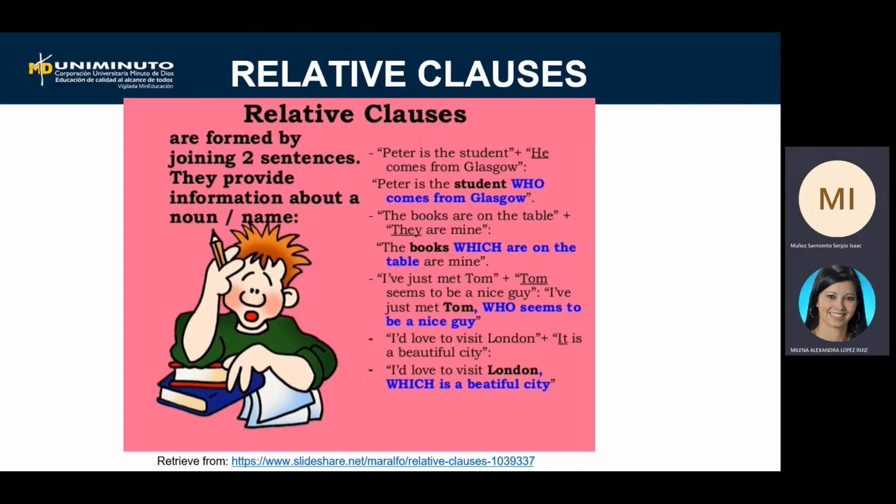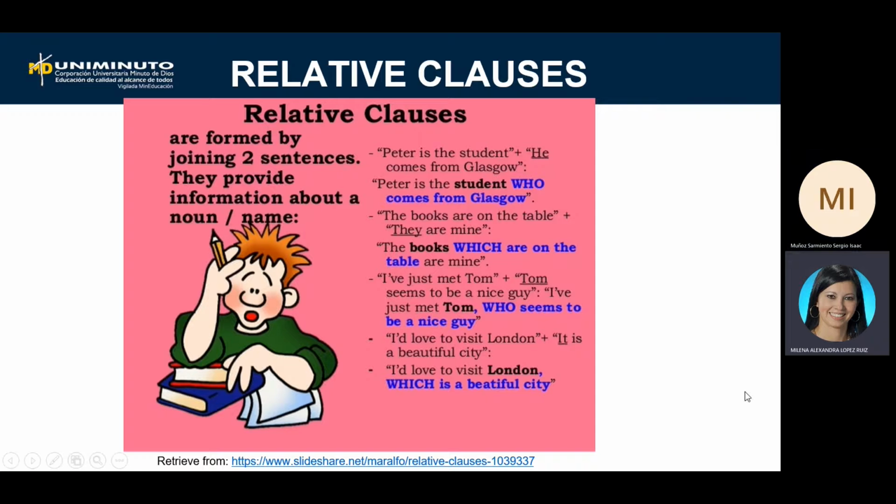Now we have sentences. Could you please help me to read these two last sentences? I've just met Tom. Tom seems to be a nice guy. Okay, the second choice is I've just met Tom, who seems to be a nice guy.